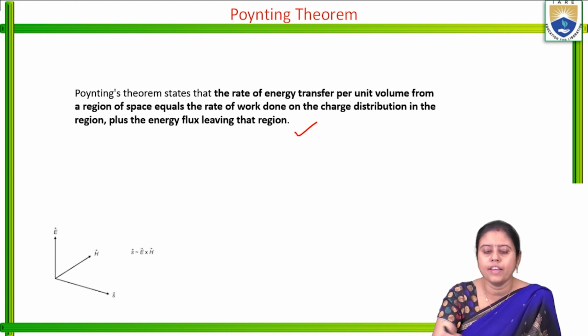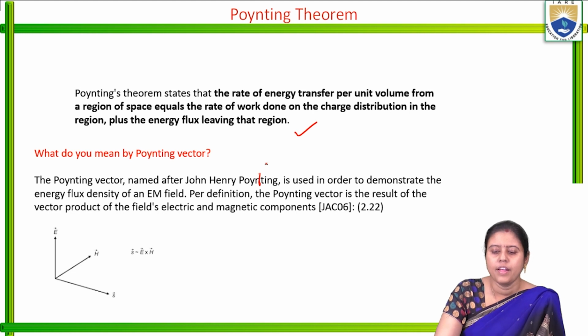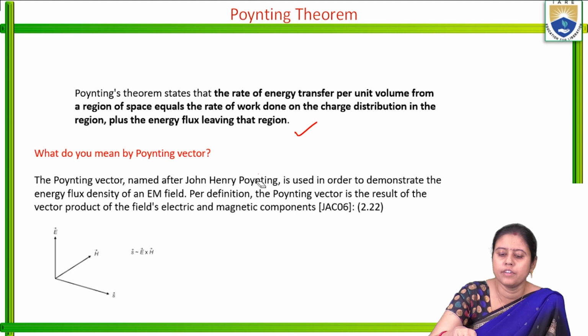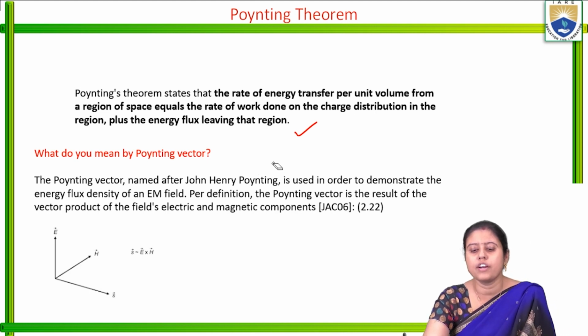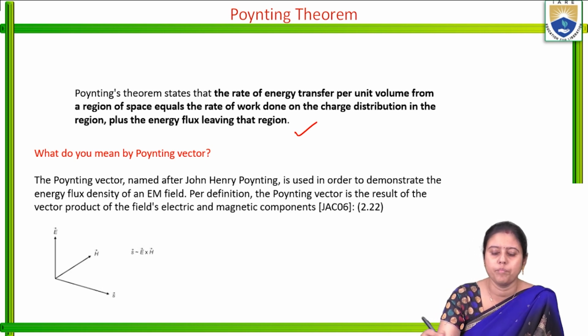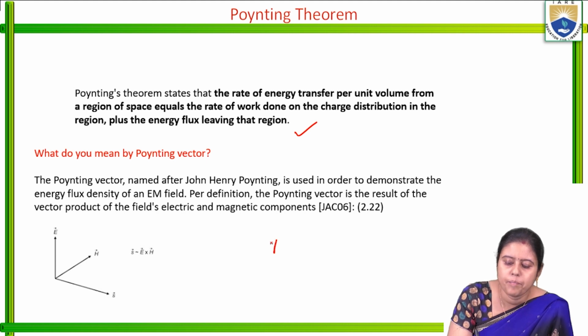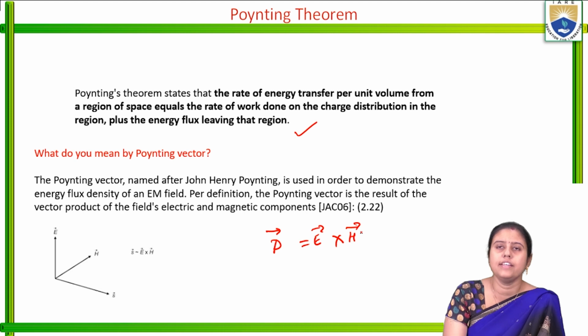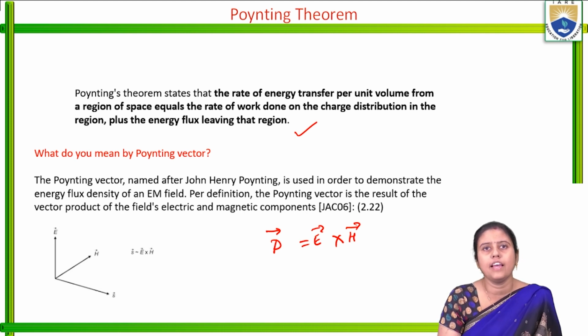The Poynting vector, named after John Henry Poynting, is used to demonstrate the energy flux density of the EM field. As per the definition, the Poynting vector is the vector product of the electric and magnetic field components. So P is equal to E cross H, where E is the electric field intensity and H is the magnetic field intensity.